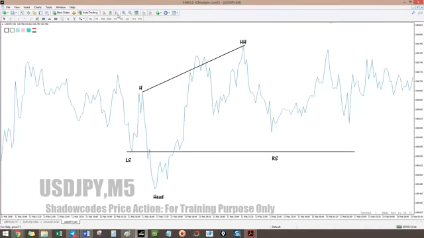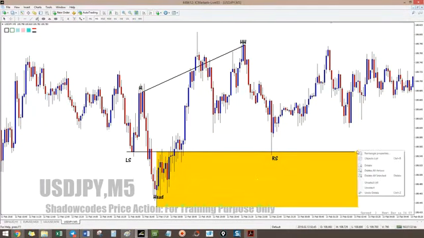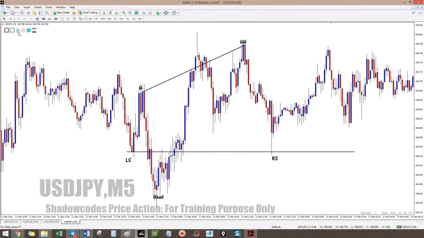Change it to candlestick, and we have a zone here. This is our demand zone. Let me change the color. Mark the zone from the left shoulder to the head. This is your zone, so just go something like this.